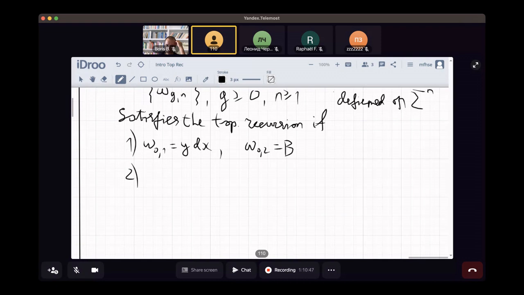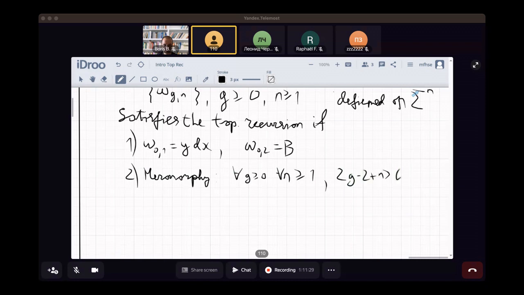So we say that they should actually be meromorphic for all stable g, n, so for all g greater or equal than 0 and for all n greater or equal than 1, such that 2g minus 2 plus n is greater than 0.